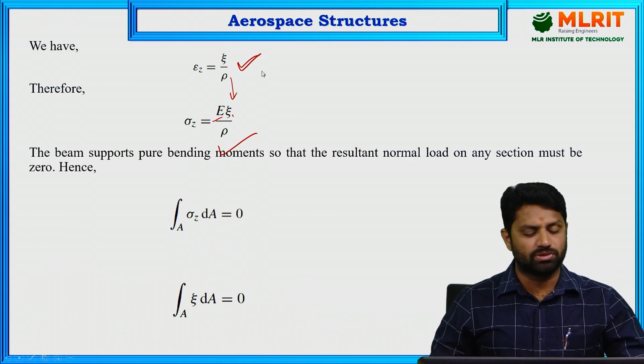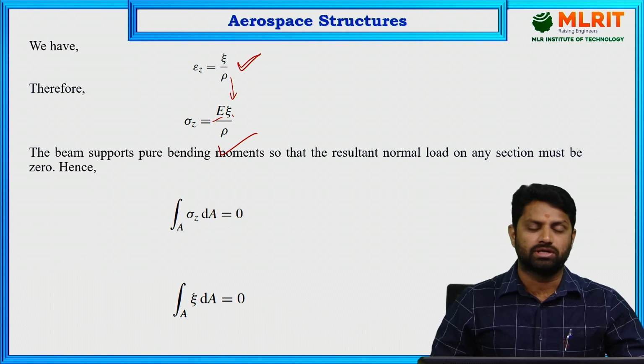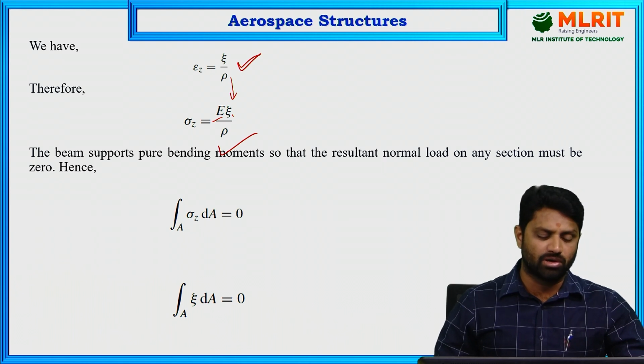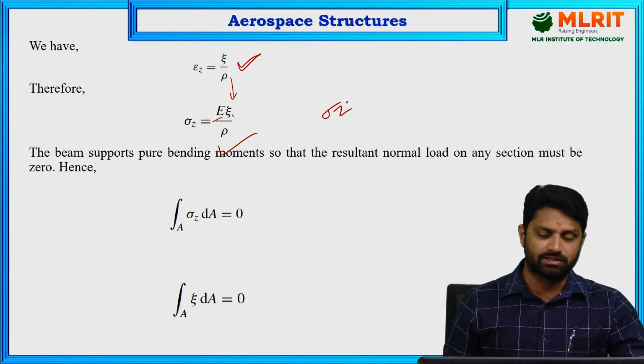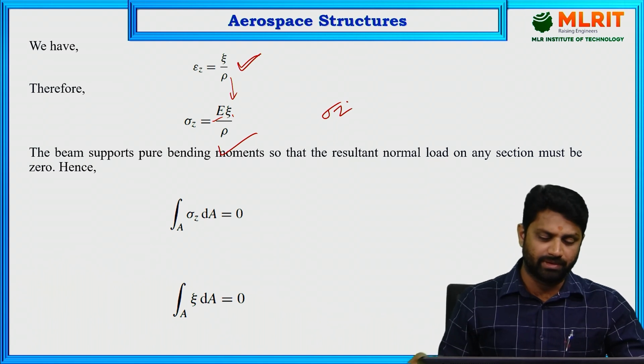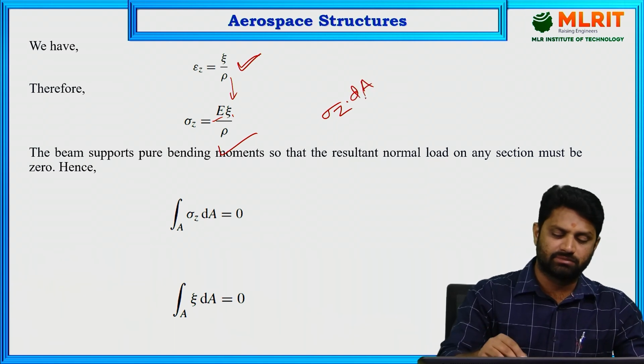Once you know the stress, the beam supports pure bending moments, so the resultant normal load on any section must be 0. It is very important. If sigma z is the stress on a small element, it should be multiplied with the elemental area, that is sigma z into dA.